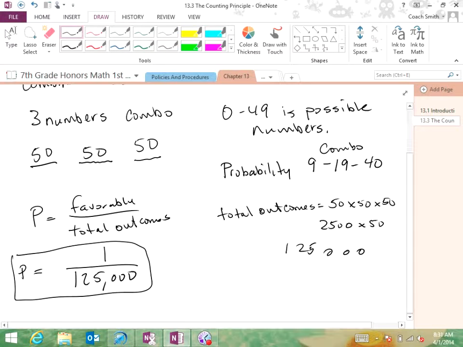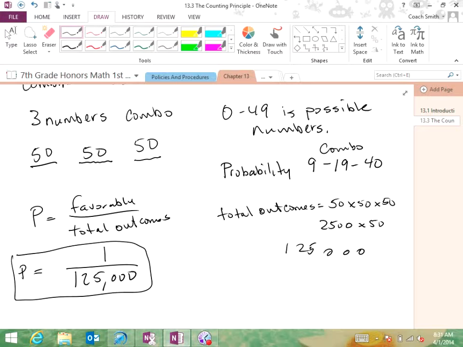You could do it 125,000 times and eventually get there, but you'd have to sit there going 0, 0, 0, not it. 0, 1, 0, not it. 0, 2, 0, not it. That's how you get 125,000 possible combinations.